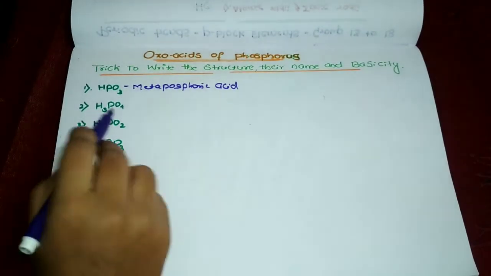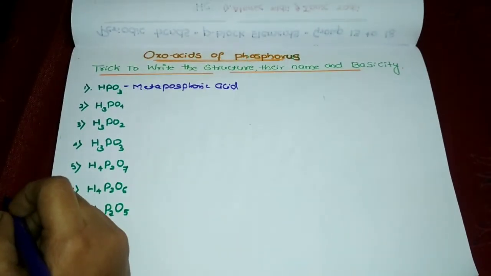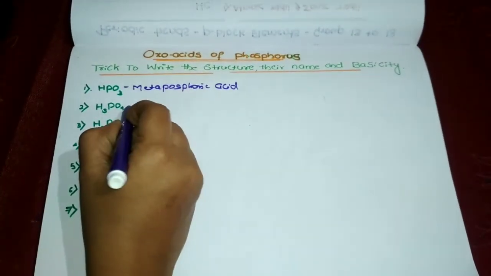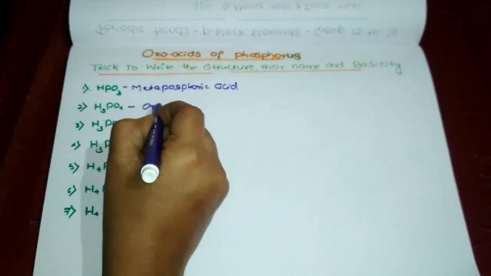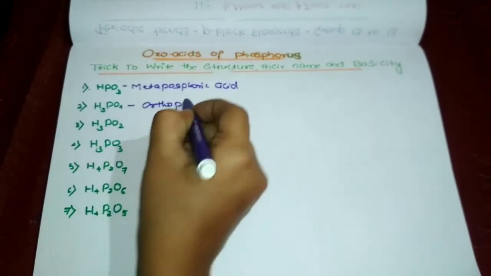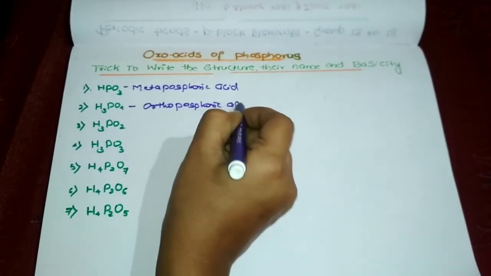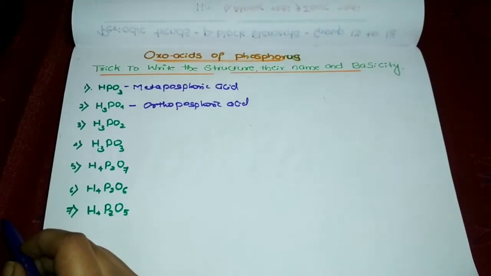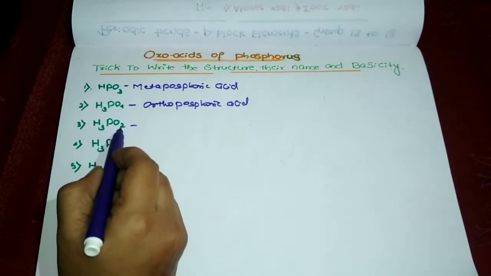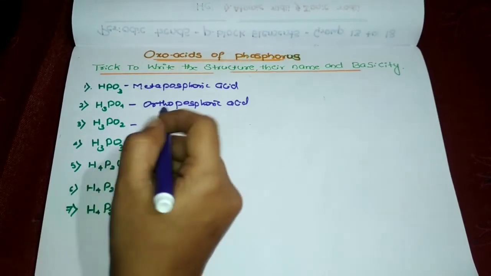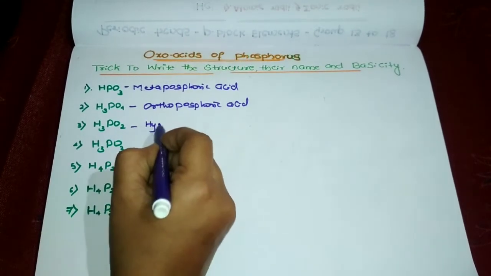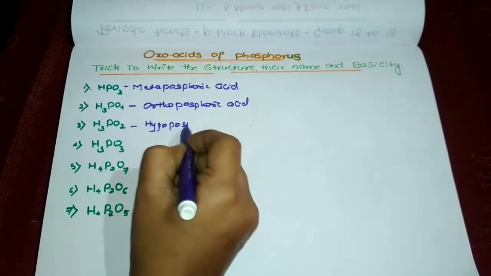Now H3PO4 is called orthophosphoric acid. Okay, it is known as what, dear students? Orthophosphoric acid. Now H3PO2 is known as hypophosphorus acid.